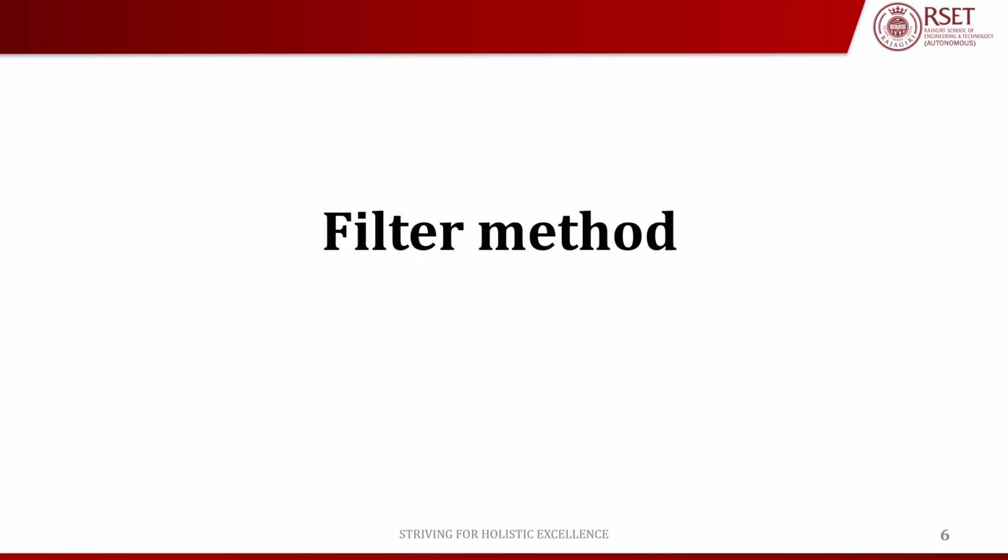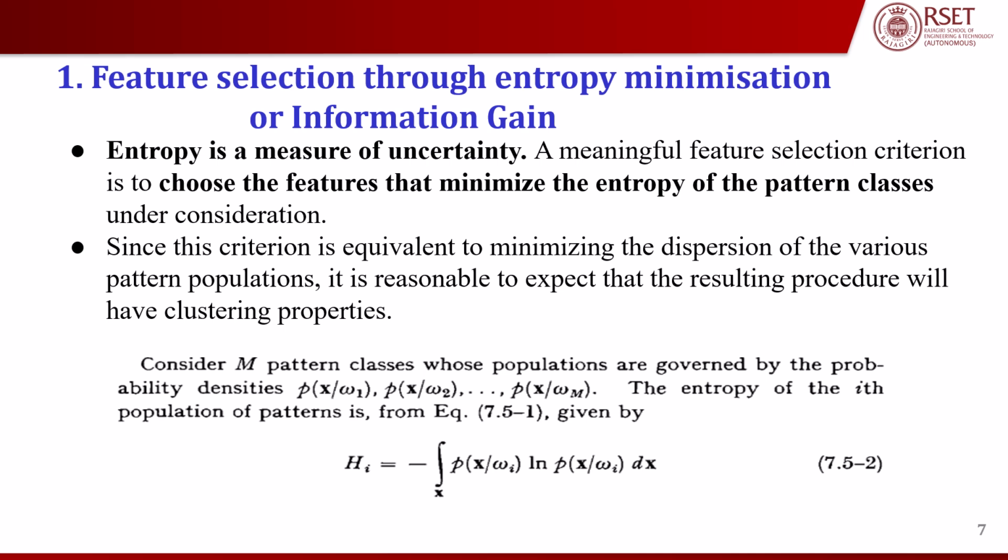So to begin with, the filter method. The first method that comes under the filter method is feature selection through entropy minimization or information gain. Entropy measures the uncertainty in the data.